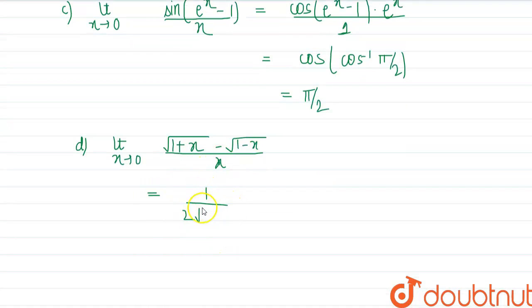This is 1 by 2 under root of (1 plus x) minus 1 upon 2 under root of (1 minus x), into the differentiation of 1 minus x, that is minus 1, by 1.